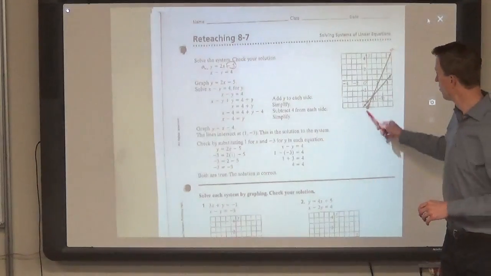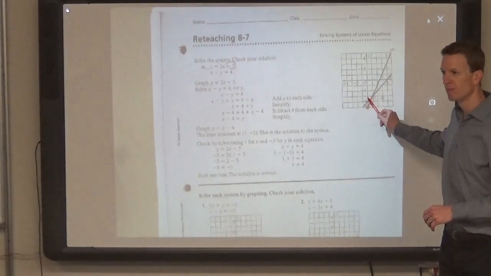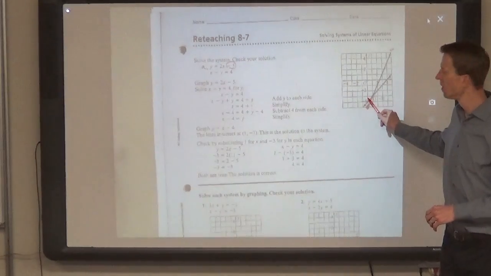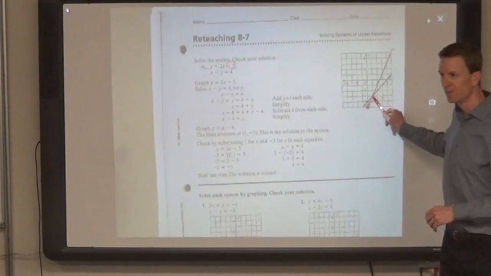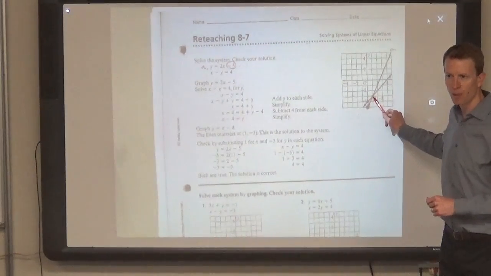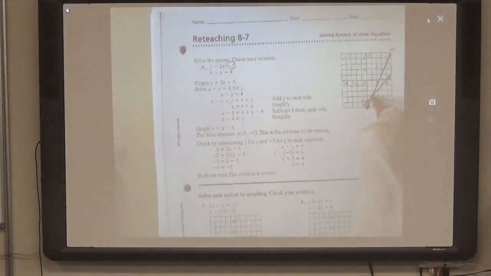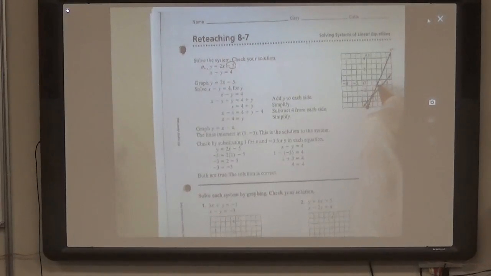Up 2 from here, 1, 2. Then over 1. Yep. So mark that spot on your example. Then you can go up 2 and over 1 to find another point on the line, and up 2 and over 1 to find another point. And you can find all of the points on that line.